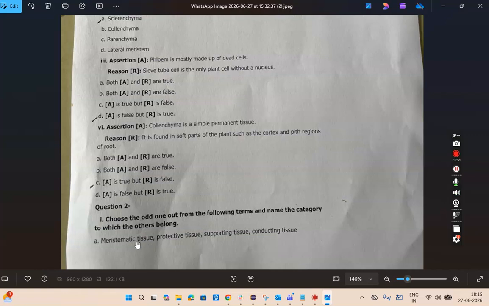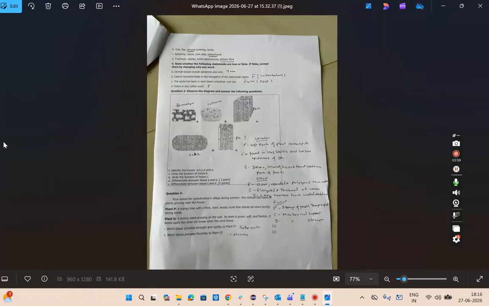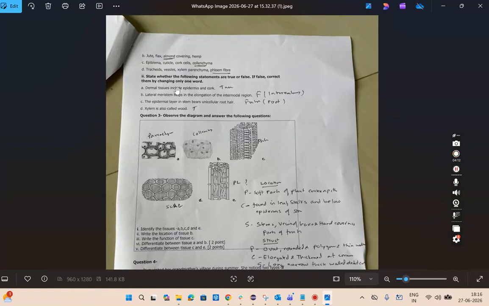Okay. Choose the odd one out. Here, meristematic tissue, because these are all permanent tissue. This is not. Okay, so this is the first one. I think this is the second one. This odd one out is almond, because the other ones are fibers and this is the hard covering of the fruit. And this odd one out is collenchyma, because these are all protective or epidermal tissues, but collenchyma is not.